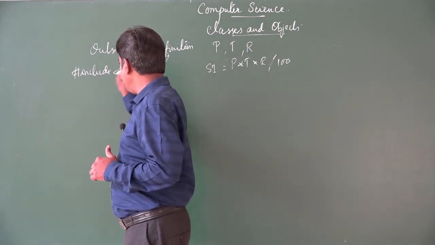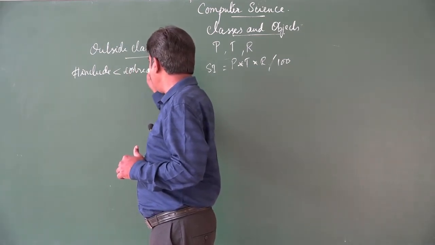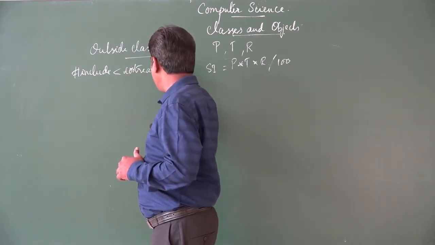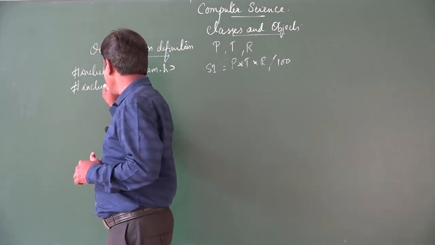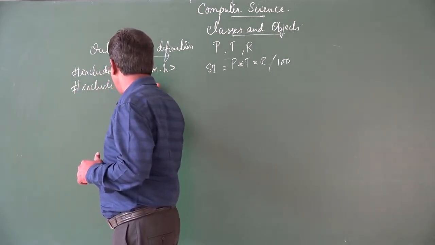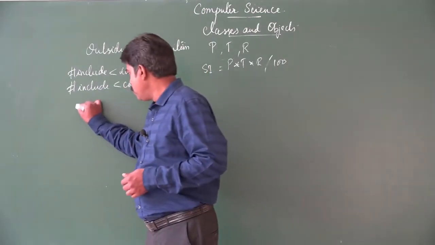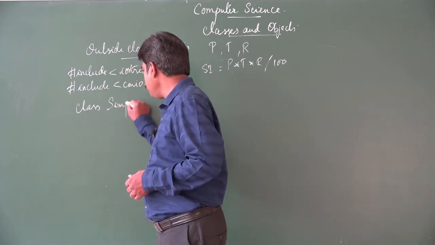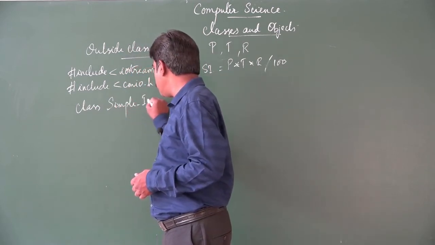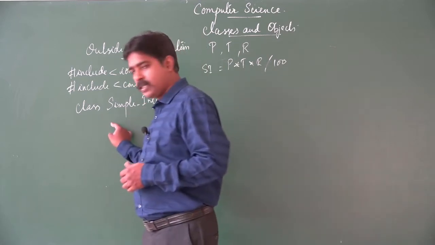By default, we know we need these two header files, iostream.h and then hash include conio.h. And then class, we have a class name, simple underscore interest, that is the class name.